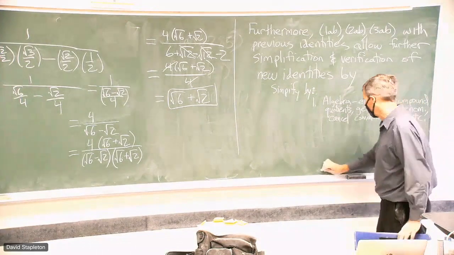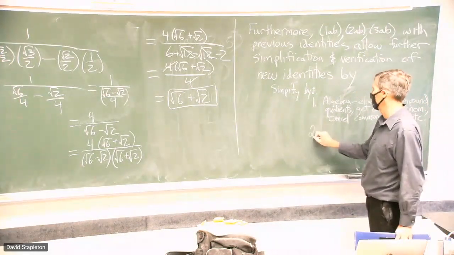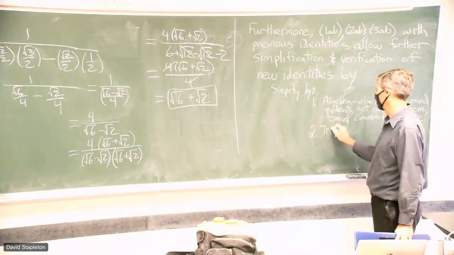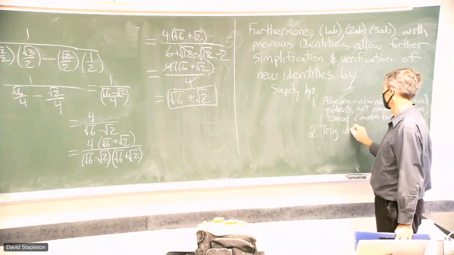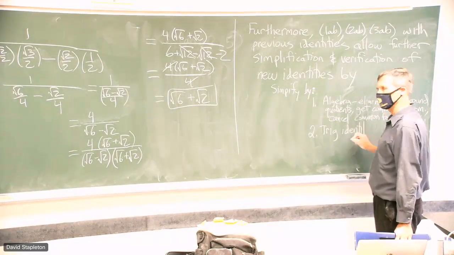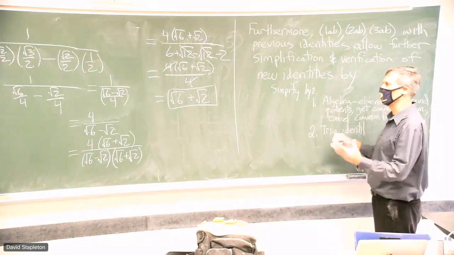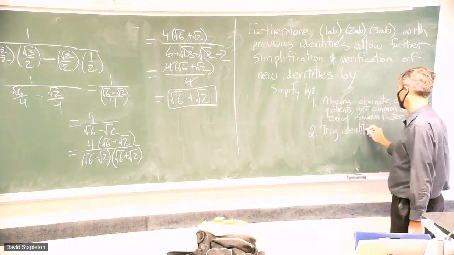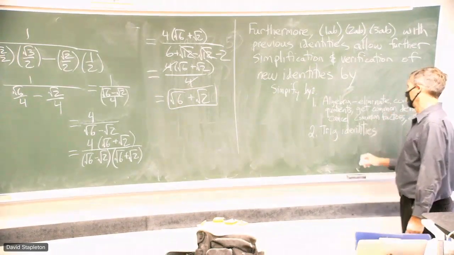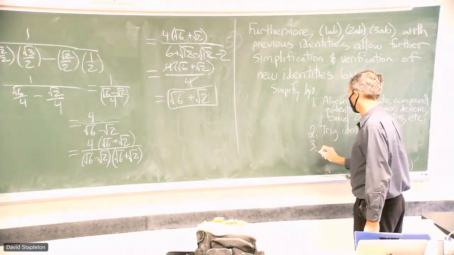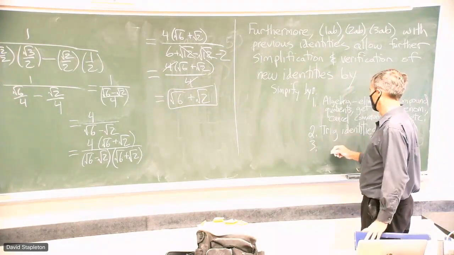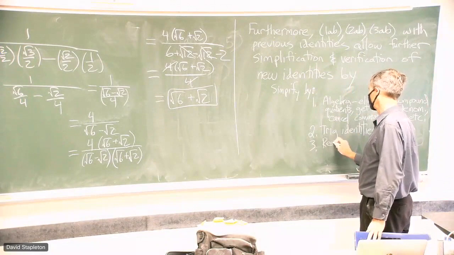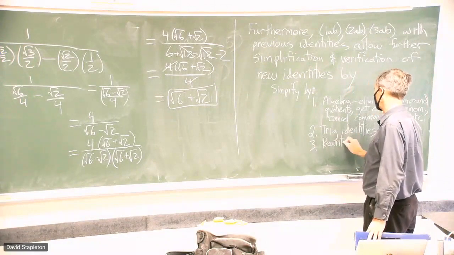Then you said, well, once you've gotten rid of all the things algebraically, you go to trig identities. You see sine squared plus cosine squared, you replace it with 1, right? You don't leave it sitting over the mess. And then finally, if you're stuck, you can rewrite using sine and cosine only. That makes it easier.